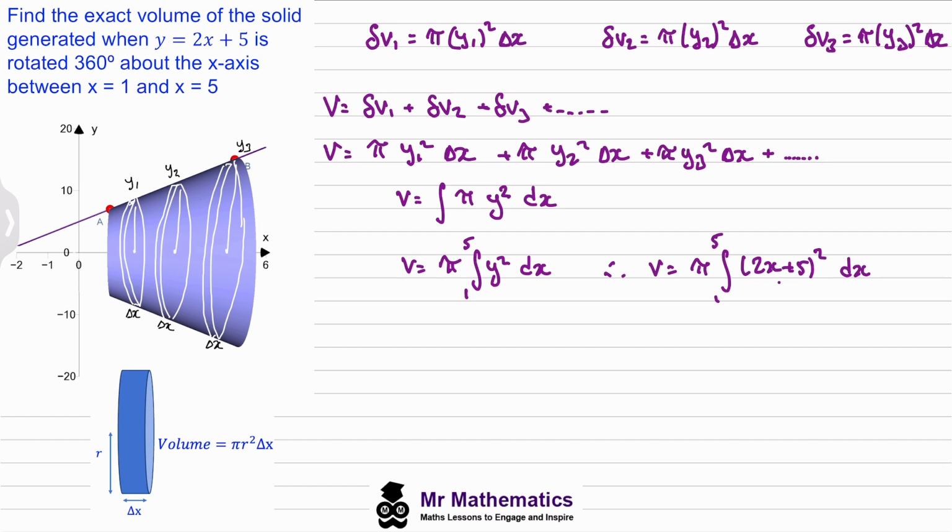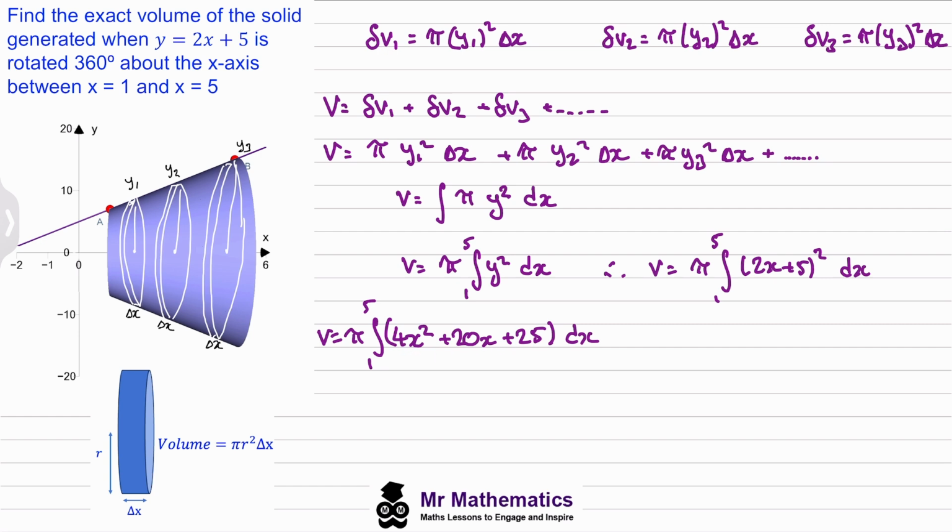Now we can expand out these brackets, so the volume will be pi times the integral of 4x squared plus 20x plus 25. We'll put this in brackets, and this is integrated with respect to x between 1 and 5.